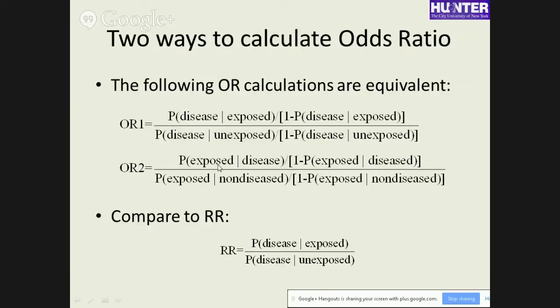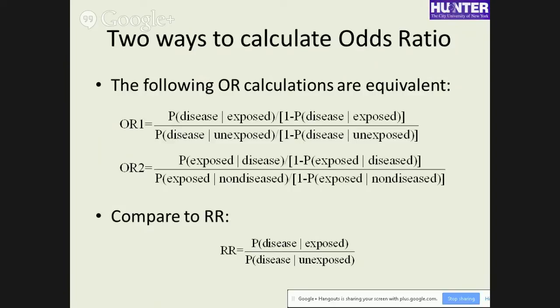But the take-home message from this is that in a case control study, we can use this second version to calculate the odds ratio, but we don't have a way to do it for the risk ratio.